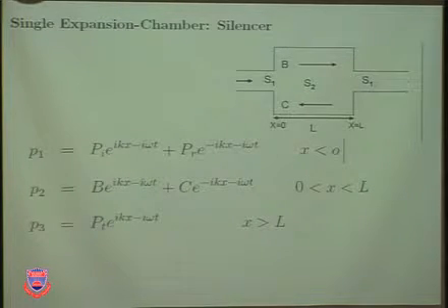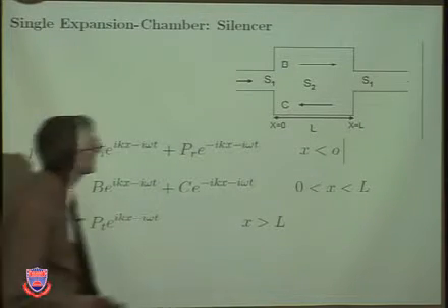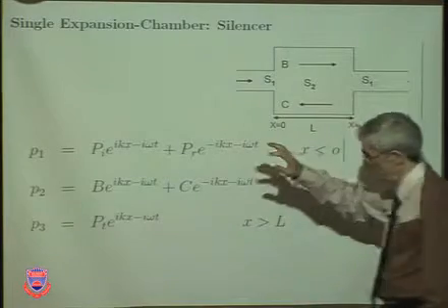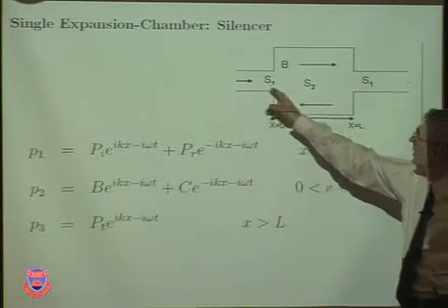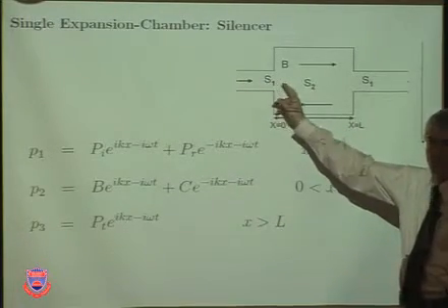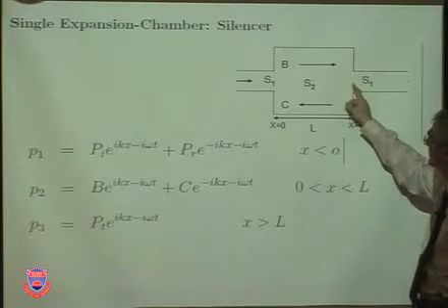Boundary conditions. What are the boundary conditions on these? There are two types of boundary conditions. One will say, as we just discussed a moment ago, pressure will be the same.